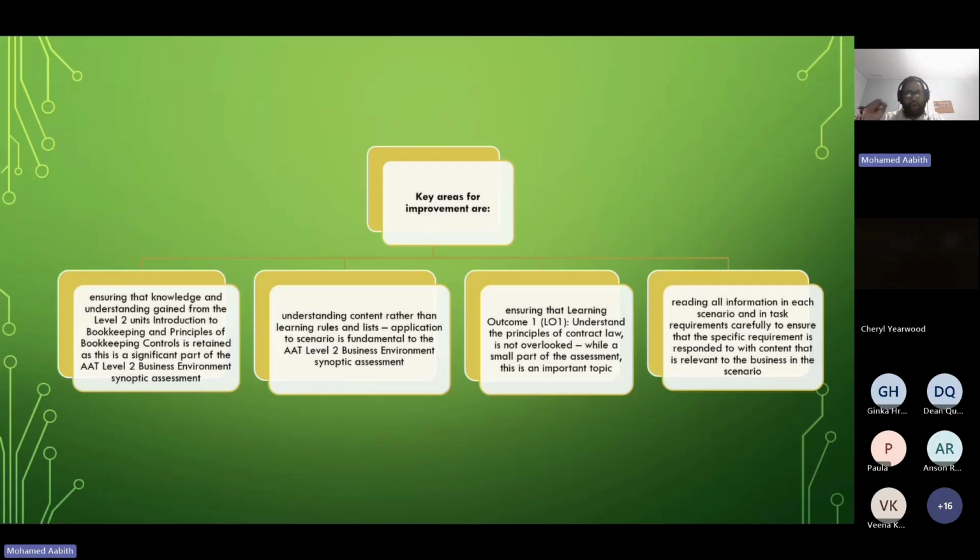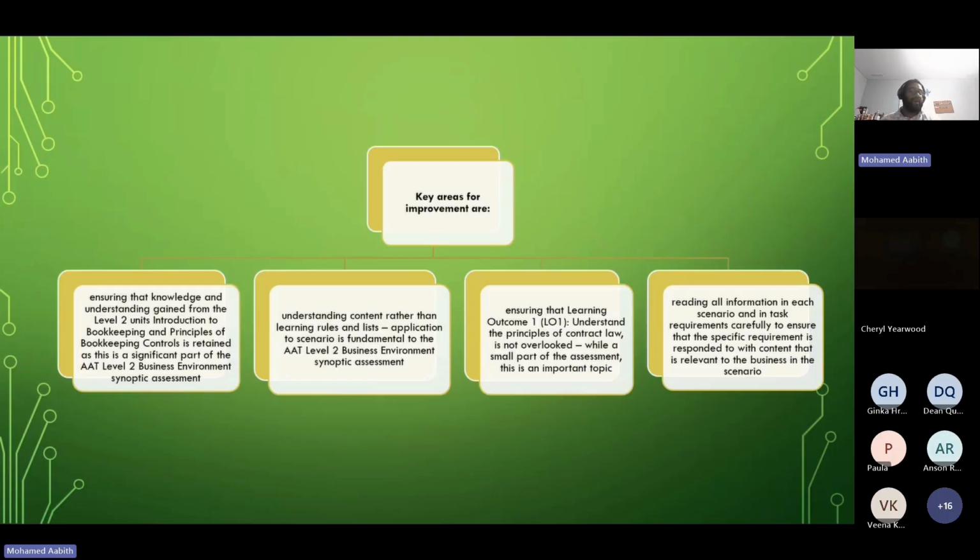You need to make sure you hold on to that knowledge. And then also you need to look at understanding content rather than learning rules and lists. You don't need to worry about learning everything to the word. No, just understand what is meant by that, and how you apply that scenario to your fundamental knowledge when you're going to learn the synoptic assessment.